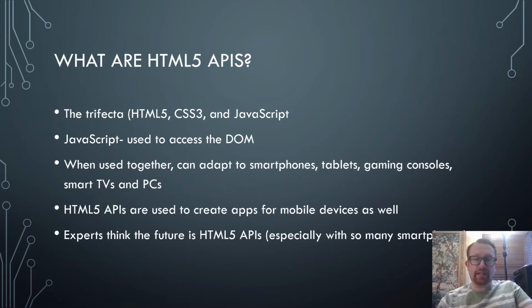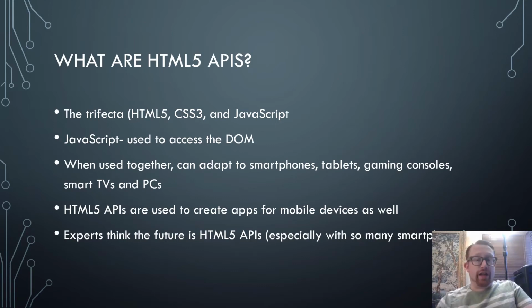So just what exactly are APIs? By using the trifecta, your HTML5, CSS3, and JavaScript all come together in order to make a dynamic web page. In this case, JavaScript is used to access the DOM, and when they are used together, they are used to create apps and other programs for smartphones, tablets, gaming consoles, smart TVs, PCs, and beyond.